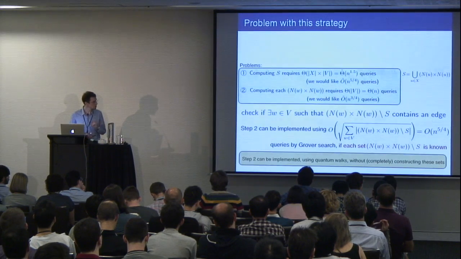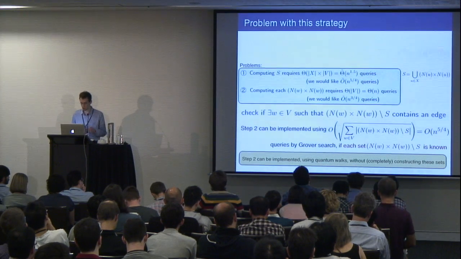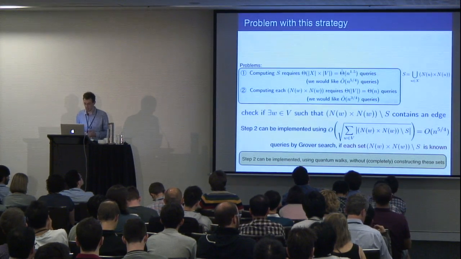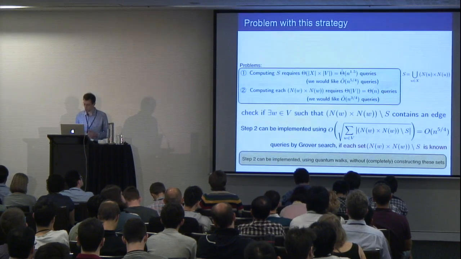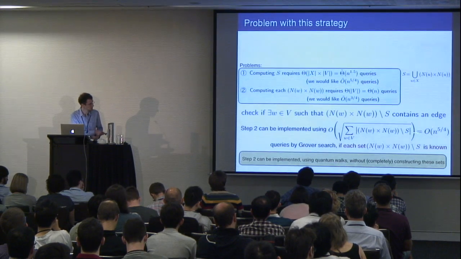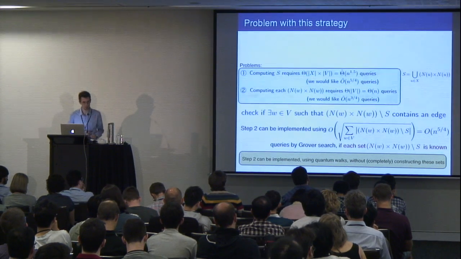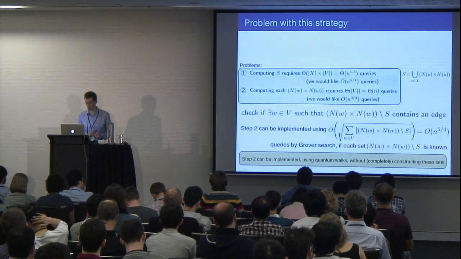And what we show is that for this specific strategy, and in the quantum query complexity setting, step 2 can be implemented using a quantum walk without completely constructing these sets, so that we can actually obtain the same complexity without constructing explicitly all these sets. So this is the main technical contribution of this work.